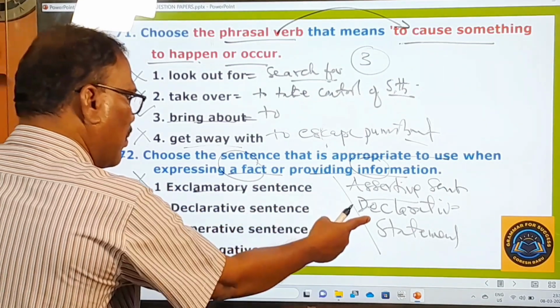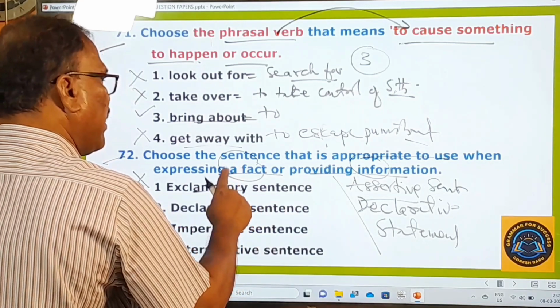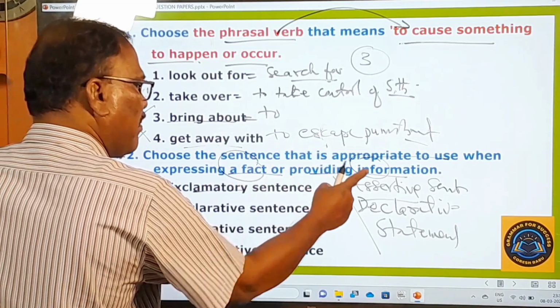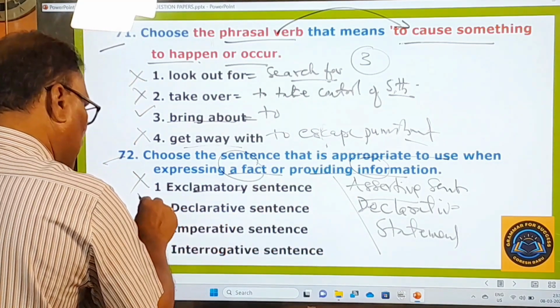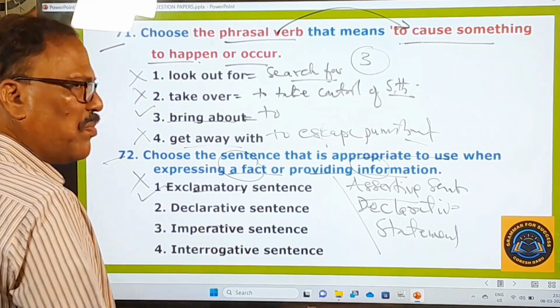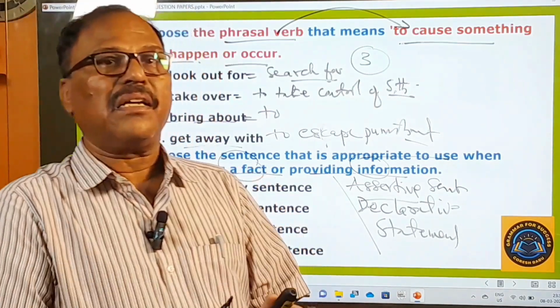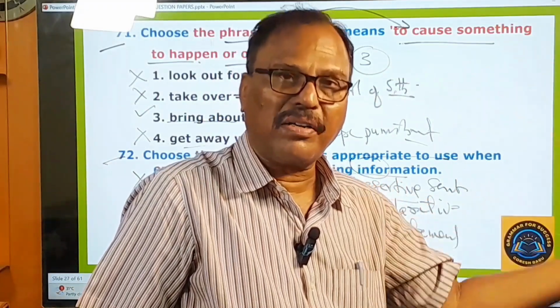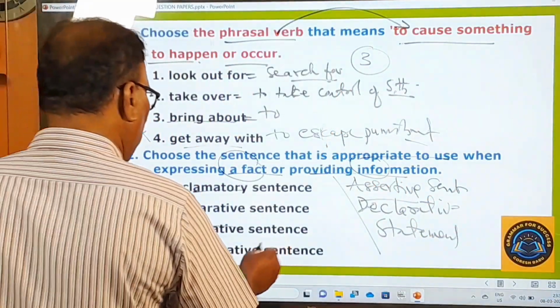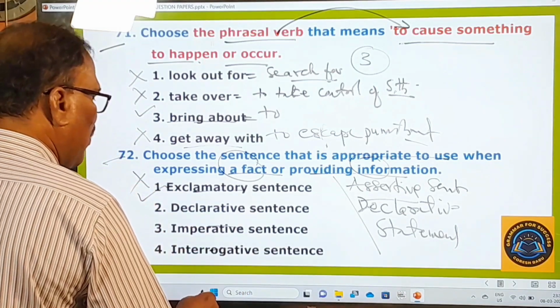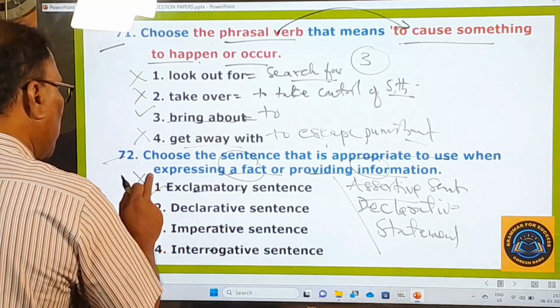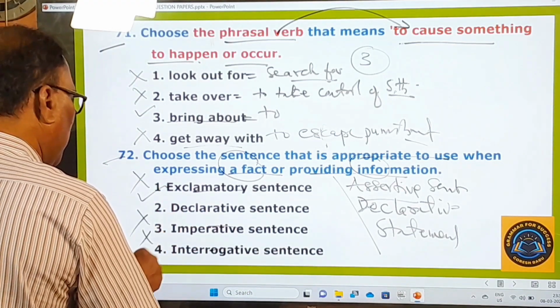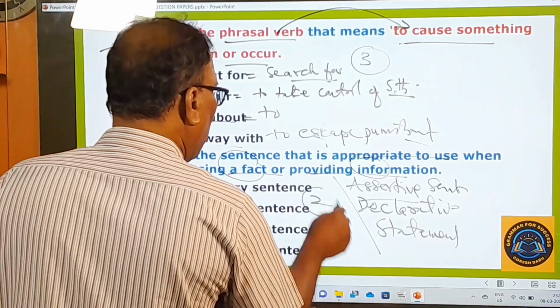Declarative sentence. The sentence expressing a fact or information is called a declarative sentence. This is right. Imperative sentence means what? Any sentence that expresses orders, commands, requests, warnings is called an imperative sentence. Interrogative sentences means what? Questions. So the first one is wrong, third one is wrong, fourth one is wrong. Only the second one is the right option.